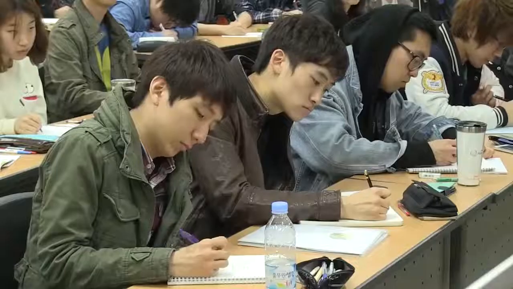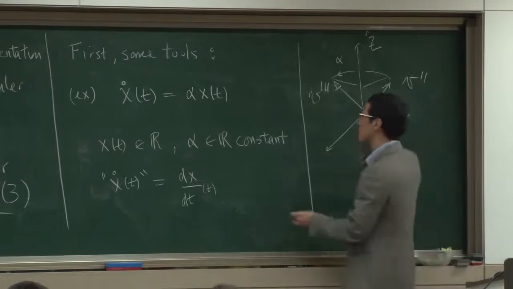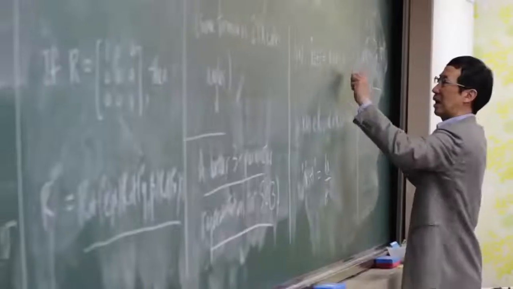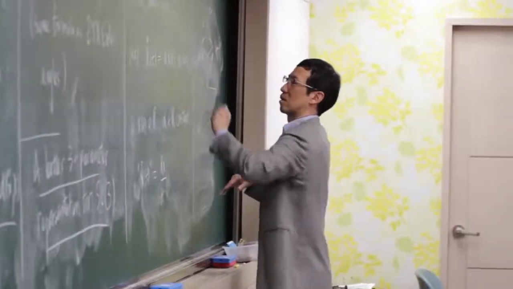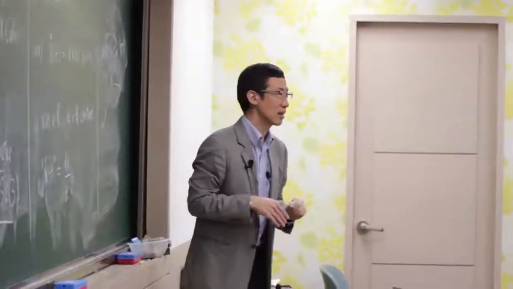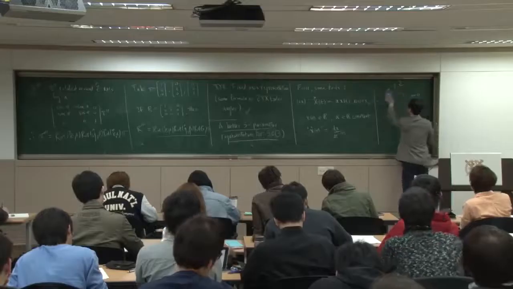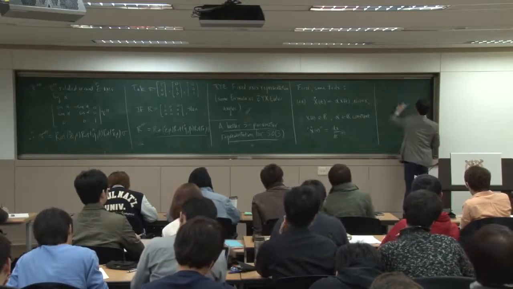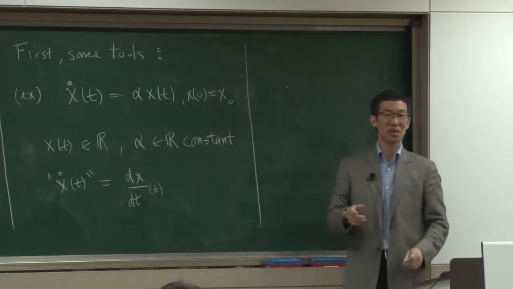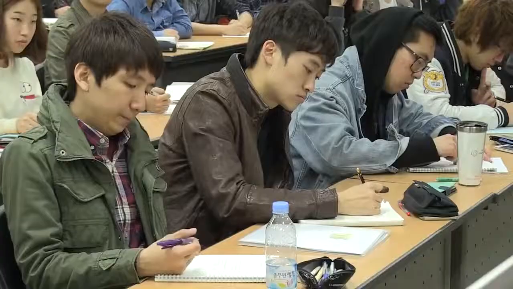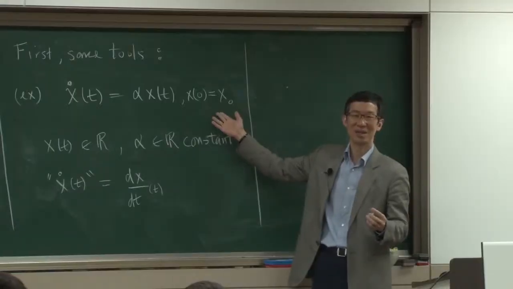And let's give some initial conditions. So let's say that x at time 0 is some given x0. All right. So most of you being juniors and seniors, in theory, you're supposed to know the solution to this.